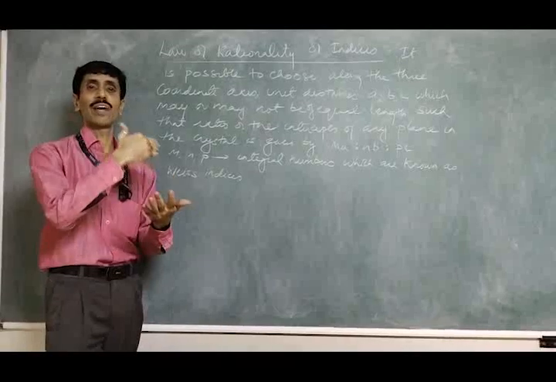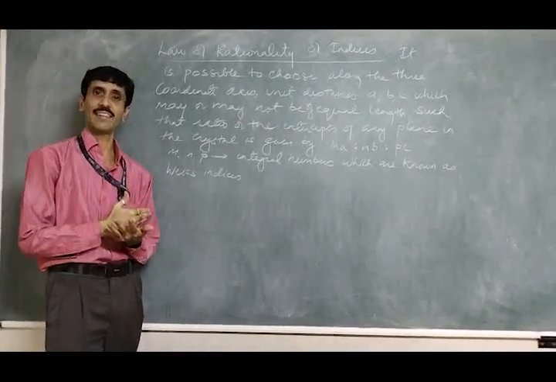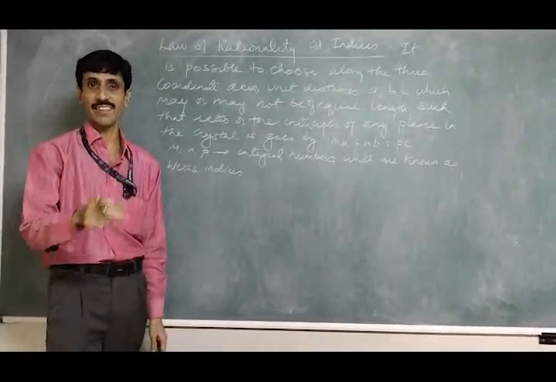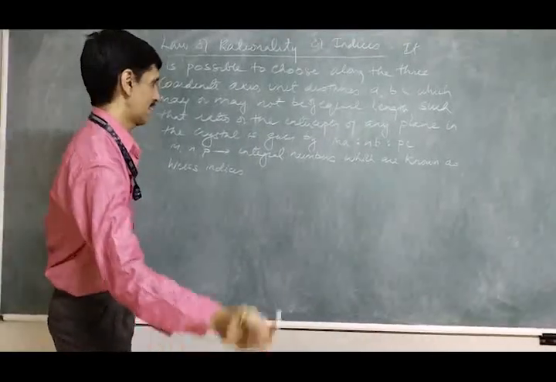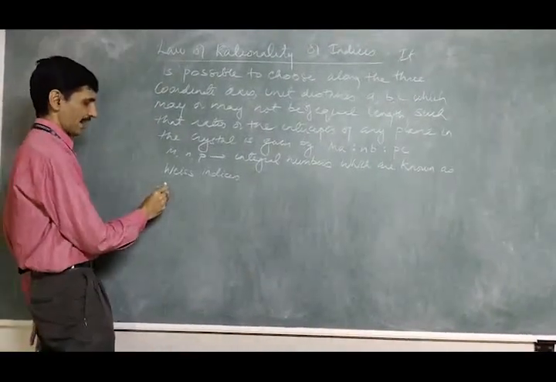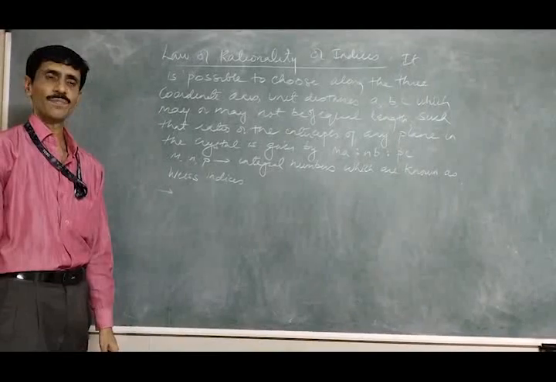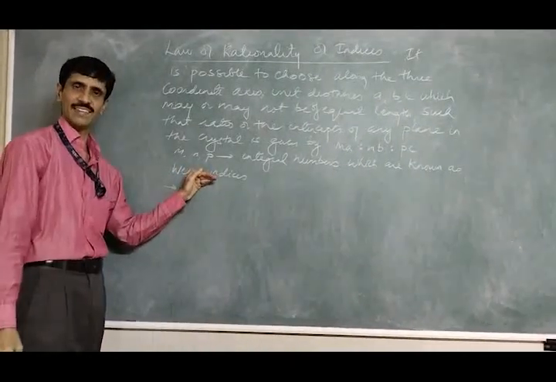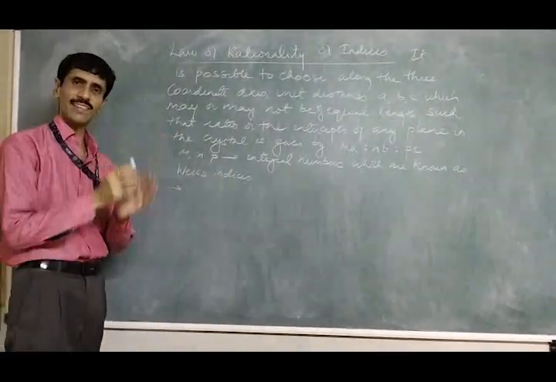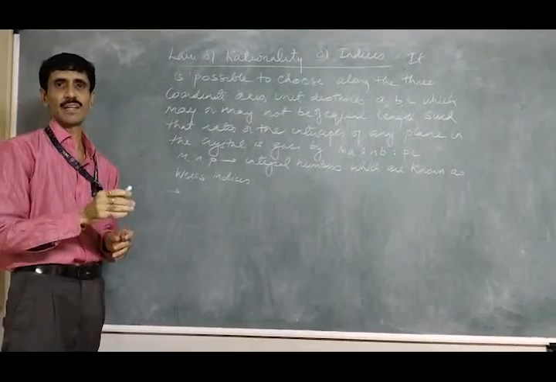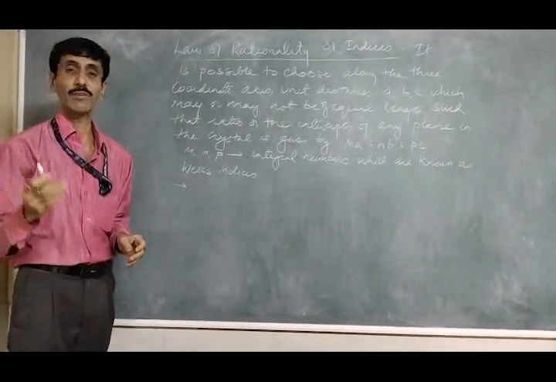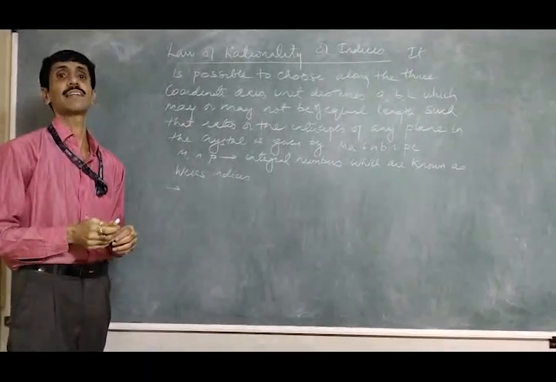How you can calculate Miller indices on the basis of Weiss indices, I'll tell you; it's a very easy technique. When you already have the Weiss indices, they have to be converted, and you do it by multiplying by the LCM.